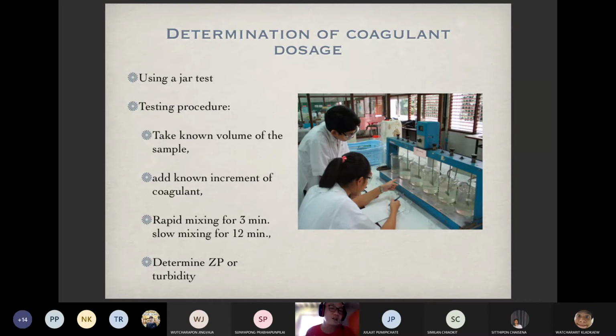We basically want to determine, first, the optimum dosage, and second, the optimum pH.